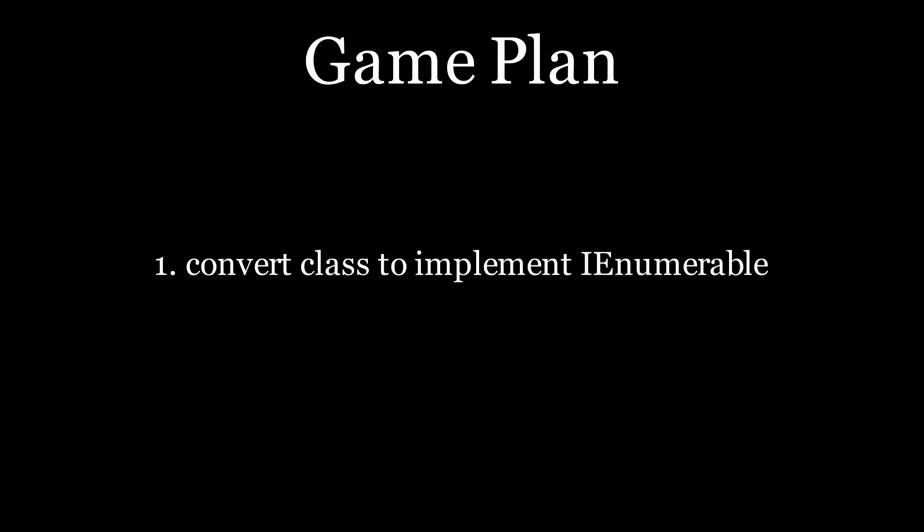Now, let's come up with a game plan for updating our SimpleArrayList T from the last video to IEnumerable T. First, we'll need to modify our SimpleArrayList T class to implement the IEnumerable T interface. This interface requires us to implement a single method, GetEnumerator, that returns our IEnumerator T object.